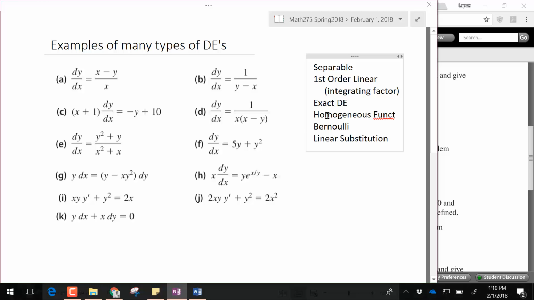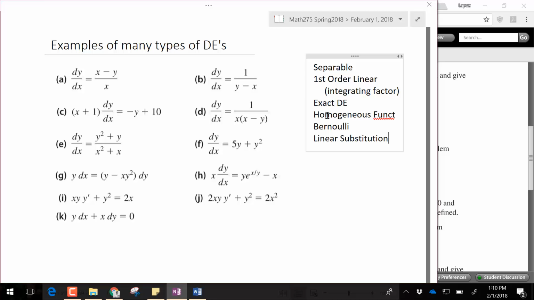For the homogeneous and the Bernoulli, you need to know what they mean to be homogeneous and exact. You need to know what they mean to be any of those types of differential equations. And when you first look at a differential equation, it might not look like any of these from the beginning, which means you might need to work it out, change it around, give it a different look.